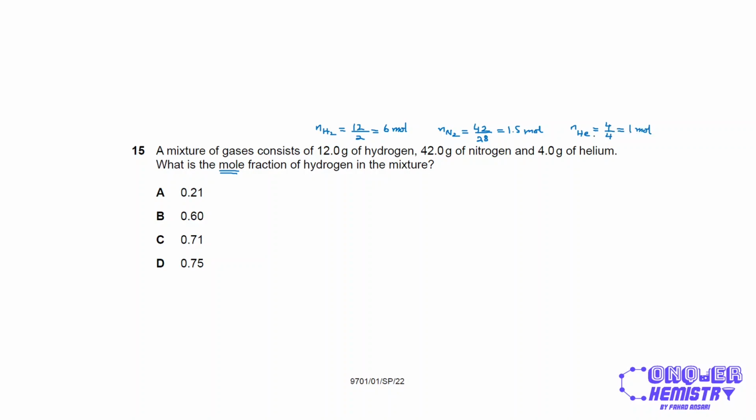Now that you found the moles, you find the mole fraction of hydrogen, right? You divide the moles of hydrogen, which is 6, by the sum of the moles of all the gases, so that's hydrogen plus nitrogen plus helium, right? So this gives us an answer of 0.71, so this will be option C, 0.71.